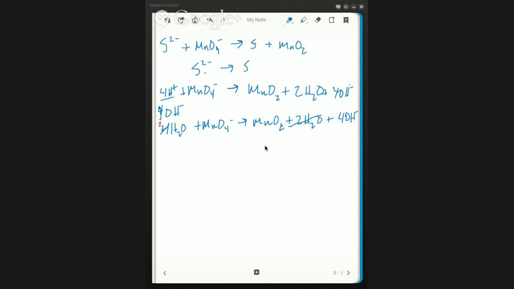When it comes to dealing with my charges for both sides, I have -1 on this side and -4 on that side, so I end up again adding in 3 electrons. So this basically ends up being another version of the previous example as far as the first part of the equation.